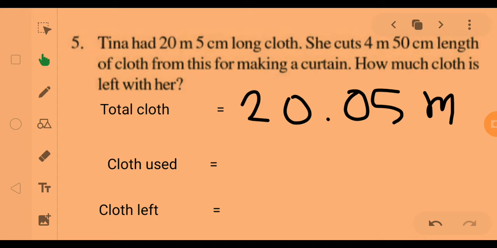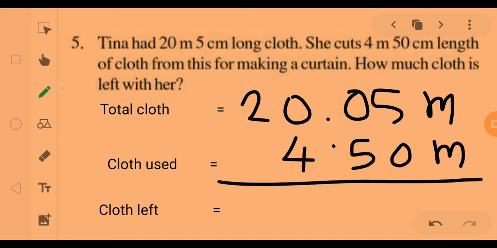So we write it as 4.50 total in meters. Now for the cloth left with her, we subtract. In order to get the length of cloth left with her, we have to subtract 4.50 meter from the total cloth.